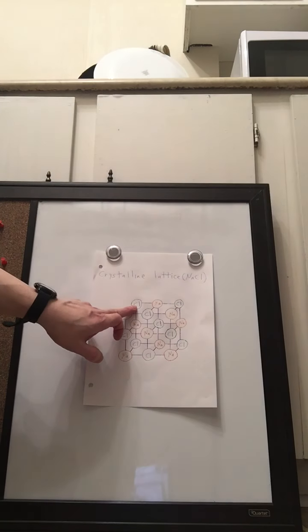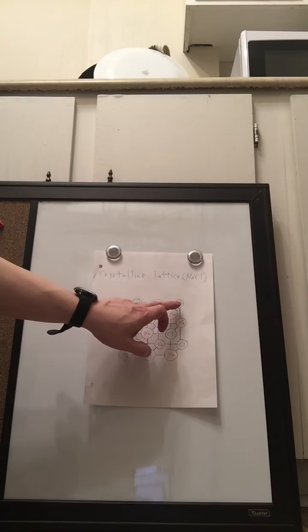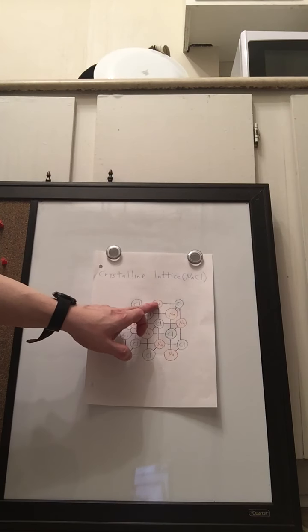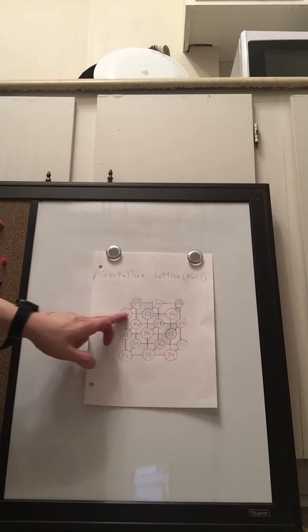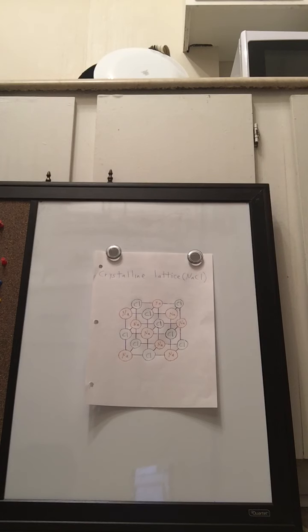So here you can see my drawing where you have all the chlorines in that orderly fashion, and then you have all the sodiums in this orderly fashion. So that's the crystalline lattice for NaCl.